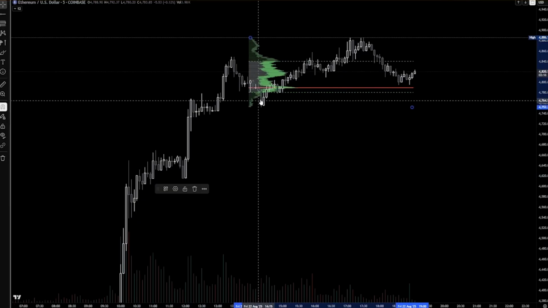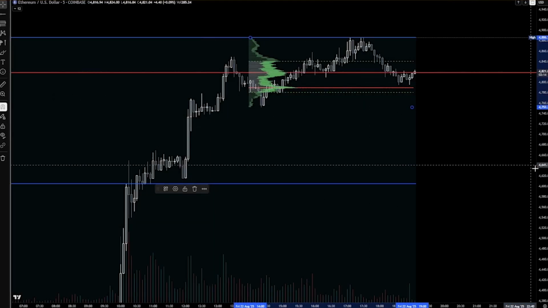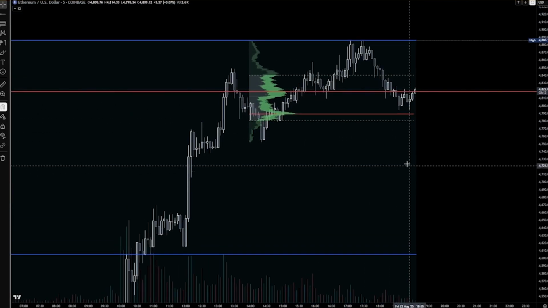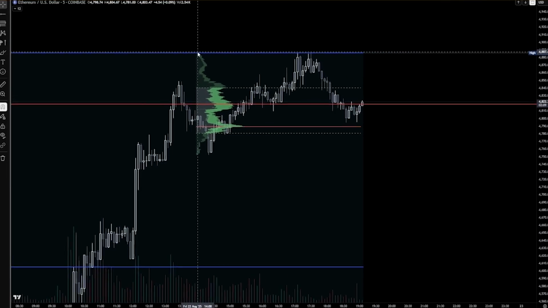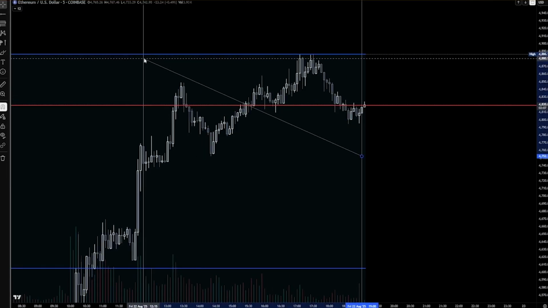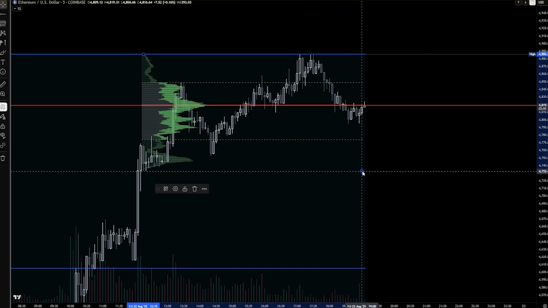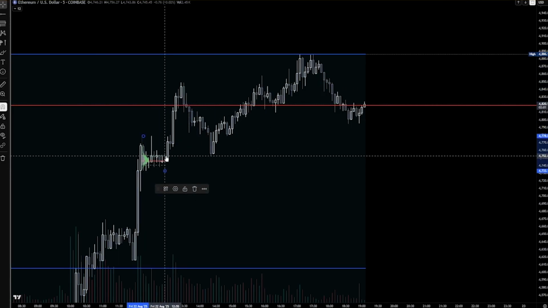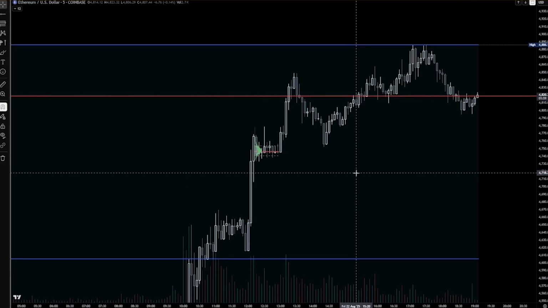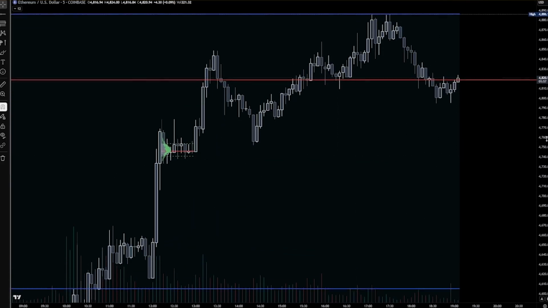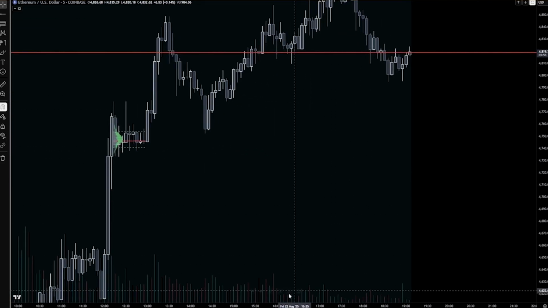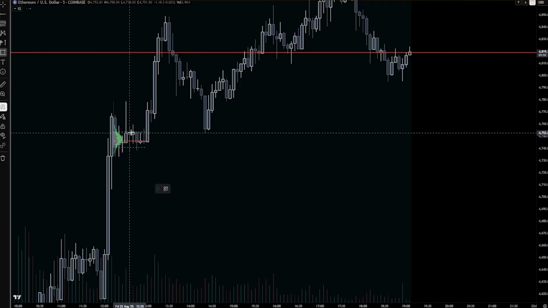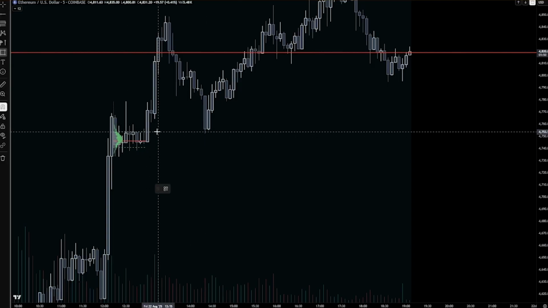Yeah, and that's temporary support, but in the 5-minute candles, and we're just looking at from a volume profile perspective. I know it's tiny, but it's how you use it.